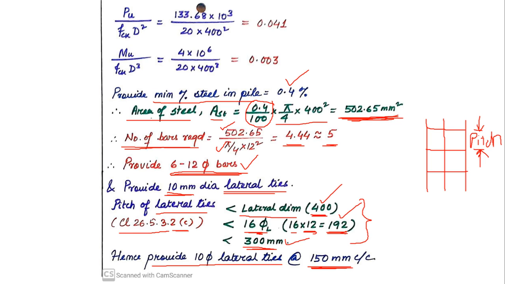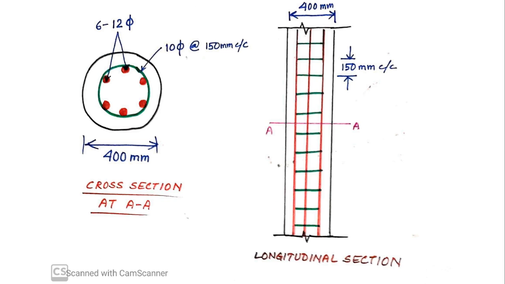This completes your design, but after that you need to draw the cross section as well as the longitudinal section. If you look at the longitudinal section, this clearly states that the diameter of the pile is 400 millimeters. This is the pile, these are my longitudinal reinforcement, and these are my lateral ties.